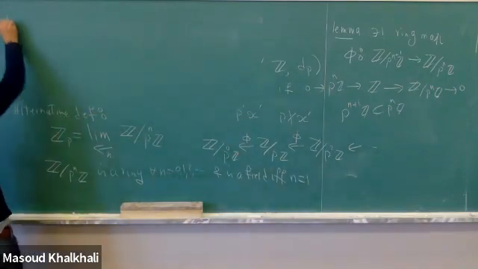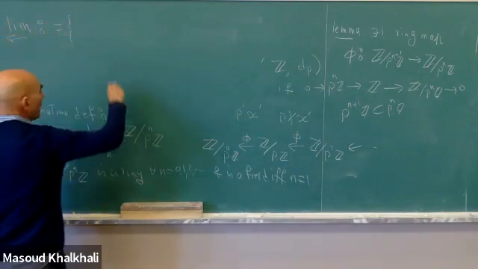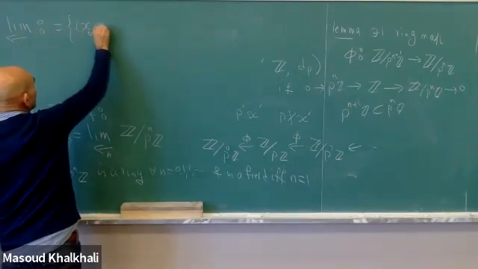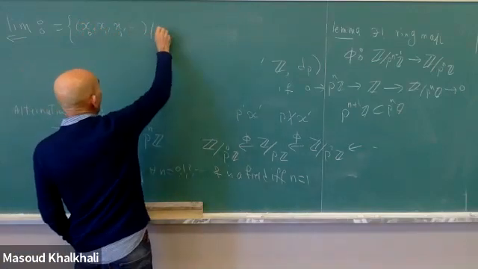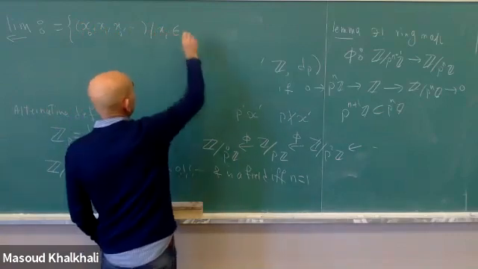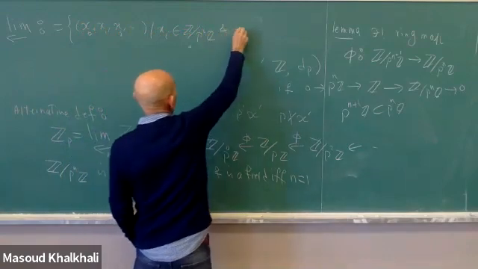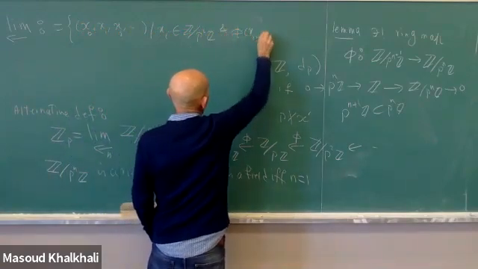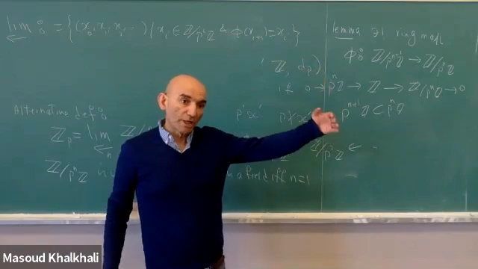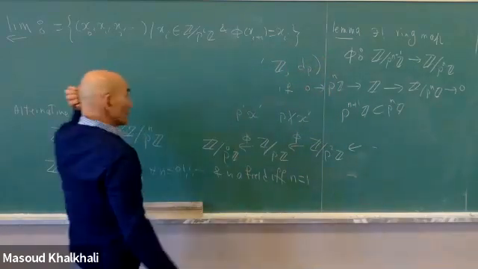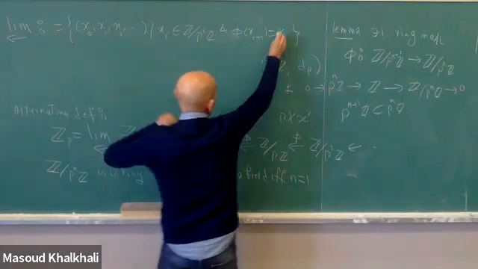The inverse limit by definition is the set of all sequences x_0, x_1, x_2, and so on, such that x_i belongs to Z over p^i Z, and phi of x_(i+1) is equal to x_i. So you just lift it to the next one and keep going. This is called the coherence condition.